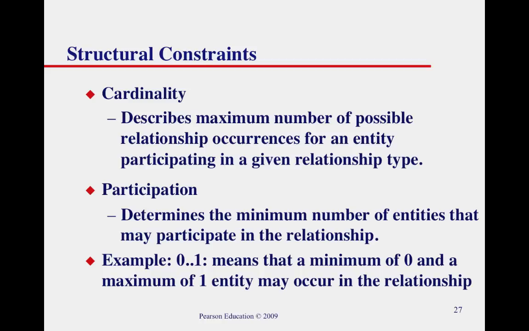So we might say, for example, that a branch might have 0 to an arbitrary, let's say maybe 0 to 1,000 staff, whereas in that same relationship, a staff must belong to exactly one branch.